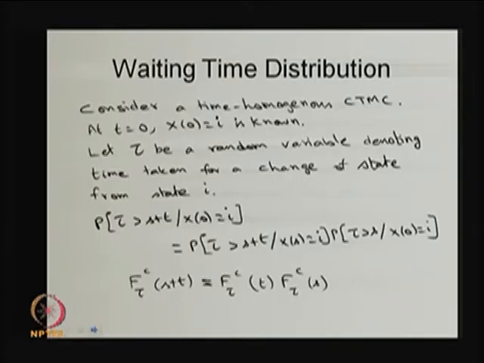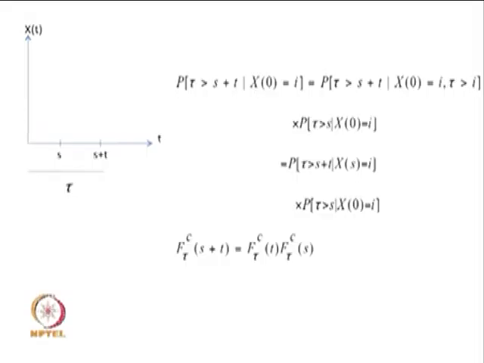So, we have to find out which distribution satisfies this property. If any distribution satisfies this complement CDF property, then we can find the distribution for the random variable tau.